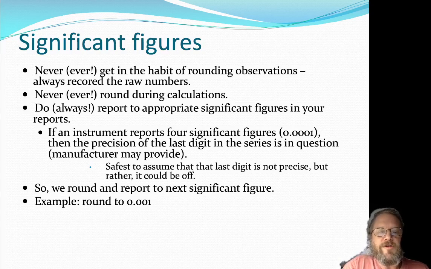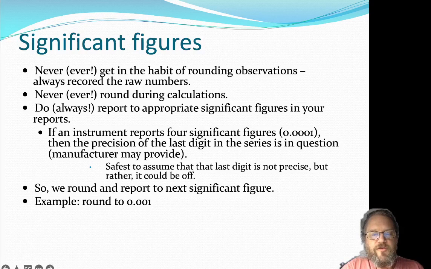The other point, of course, is never round during calculations. At the end of doing your calculations, when you're about to report, that's when you apply the theme of significant figures. So that's going to depend on the instrument's precision, how many figures after the decimal that you add.